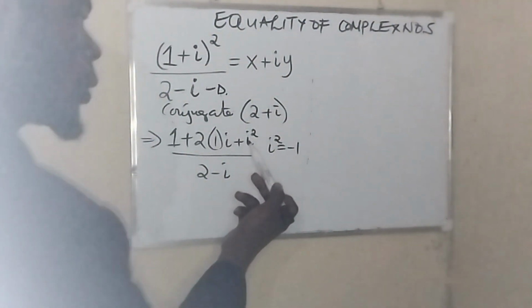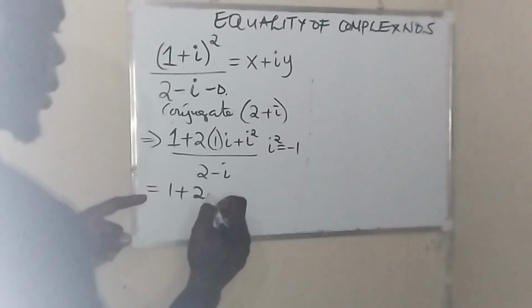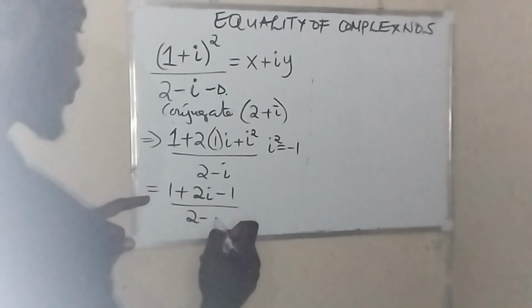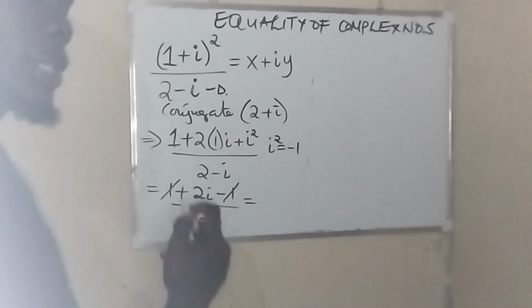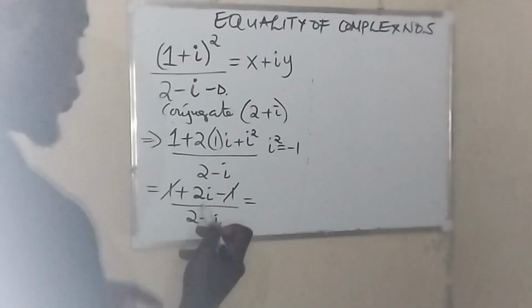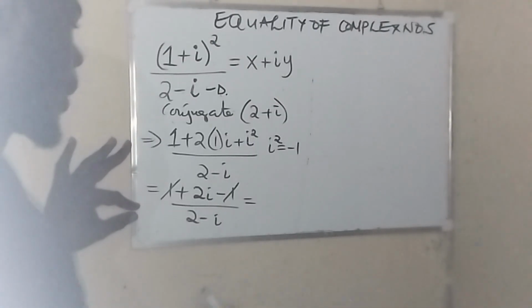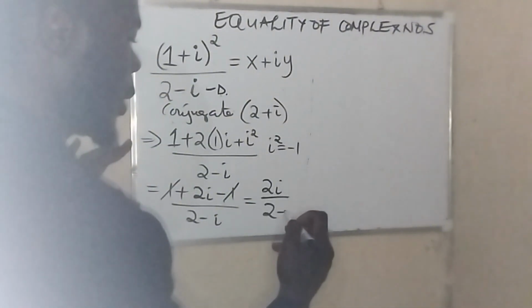So you replace this with negative 1, so you have 1 + 2i − 1 over 2 − i. So negative 1 will cancel with positive 1 and remain with 2i over 2 − i.